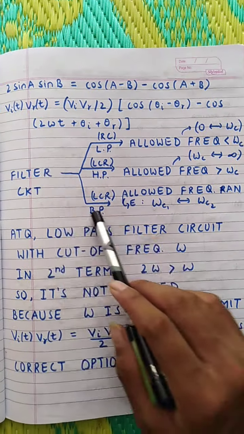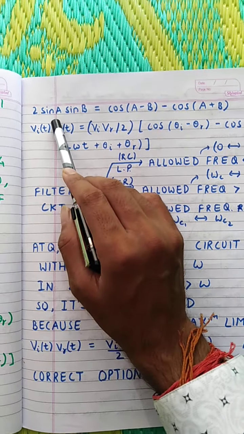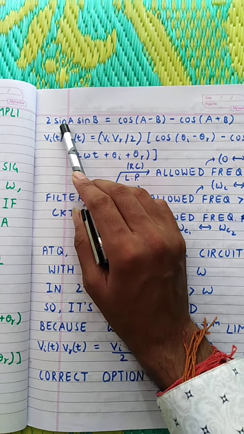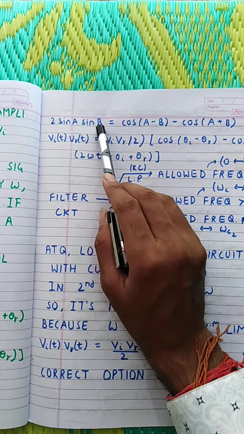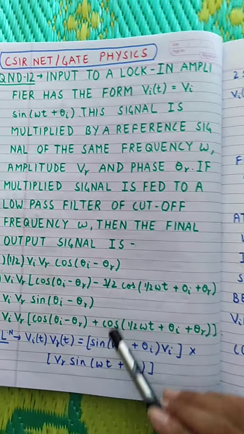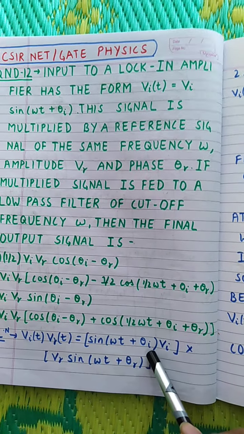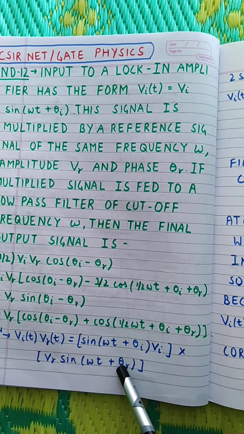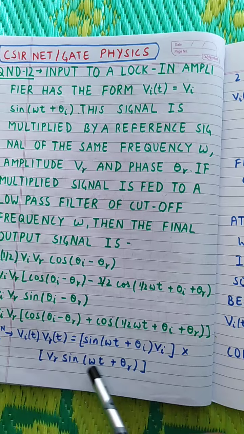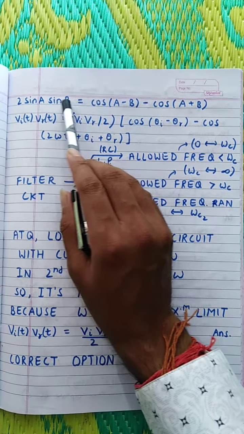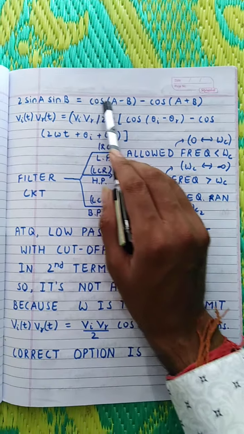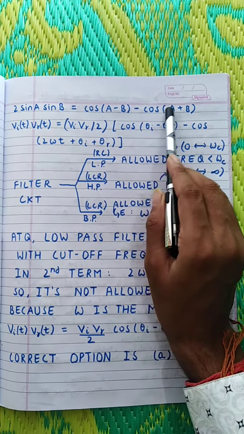Now let us proceed ahead. We can simplify it and apply the formula for sin A sin B, because here we have sin(omega t + theta_i) into sin(omega t + theta_R). We will use the formula 2 sin A sin B = cos(A minus B) minus cos(A plus B).